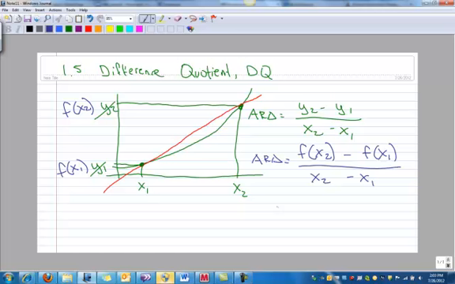Okay, so now what we want to do is we want to say, well, maybe I don't have a specific first point and a specific second point. So what I want to do is I want to say this distance here between these 2 points I'm going to call h.